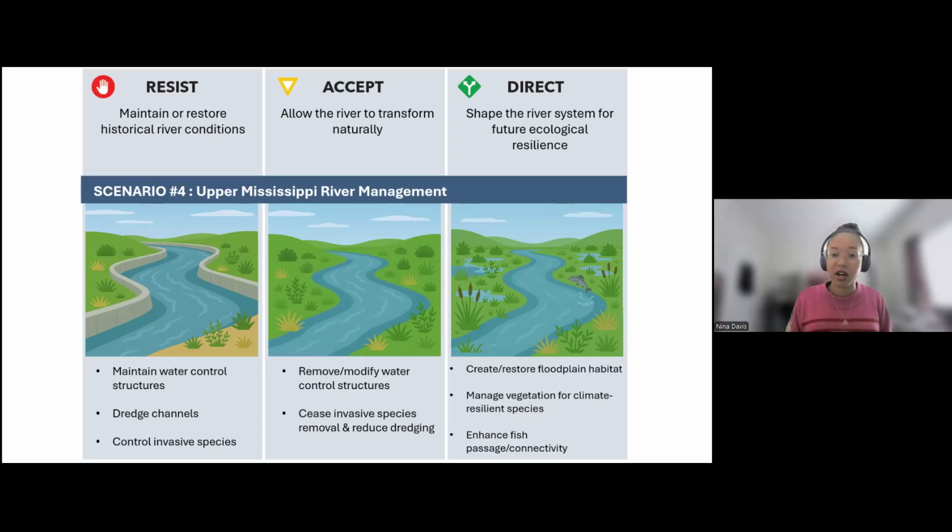It's a long planning horizon, and there's potential conflicts with other uses. So the key takeaway for this one is that Upper Mississippi River management likely requires a portfolio. You might need to resist for navigation zones, direct for ecological resilience areas, and accept in less critical reaches.